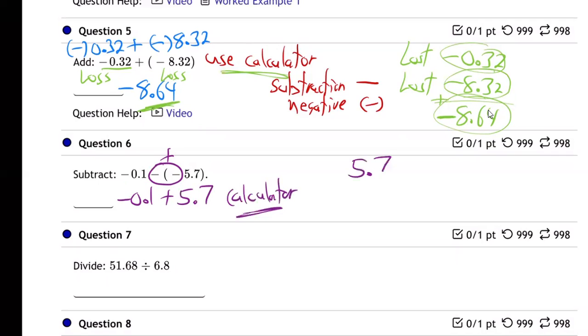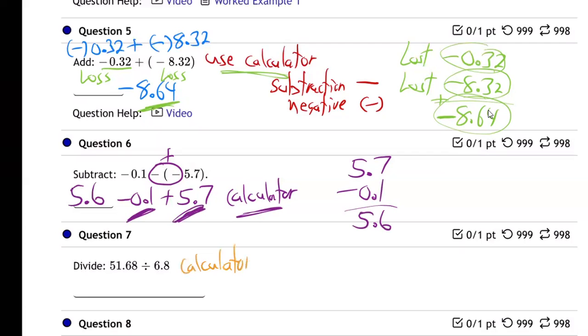It's basically 5.7 take away 0.1, isn't it? The 5.7 is positive. The 0.1 is negative. So you just subtract them. It's going to be 5.6. So I just did it by hand, but you can do it on your calculator. 5.6.